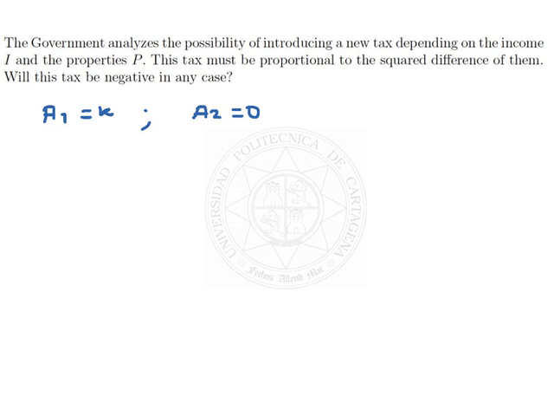Then we are interested in studying the sign of these minors when k is less than 0, exactly 0, and greater than 0. Case 1, k less than 0. In this case, A1 would be negative, A2 is always 0.